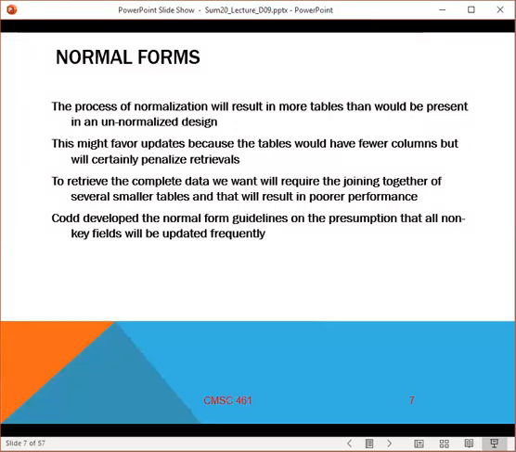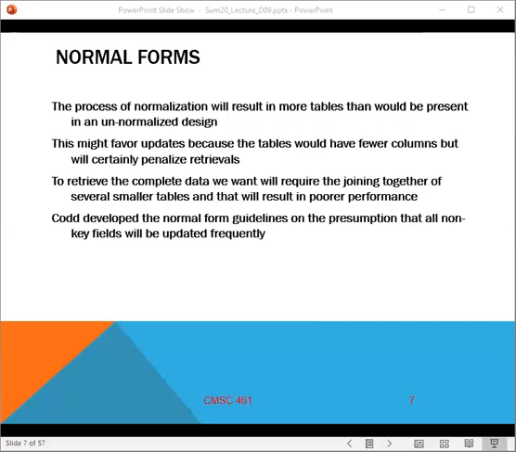So any non-key attributes dependent on only part of the primary key should be moved to a separate table or separate entity where the partial key is the primary key. And this may require creating a new table and relationship on the model.